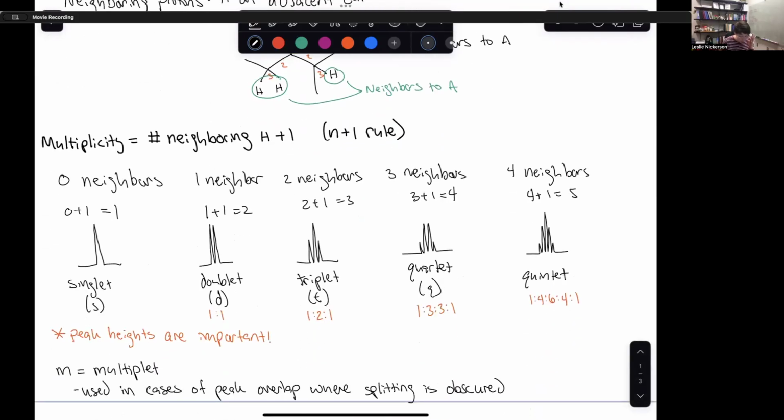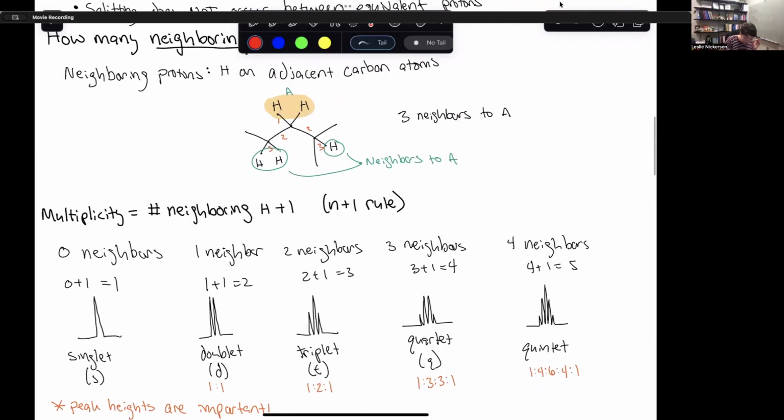And keeping in mind that if these 2 H's are equivalent, they will not be splitting each other because we don't split equivalent protons. These 2 have a mirror plane reflecting each other, so they are equivalent and do not count in that neighboring count. We're just looking at them all together as one unit.